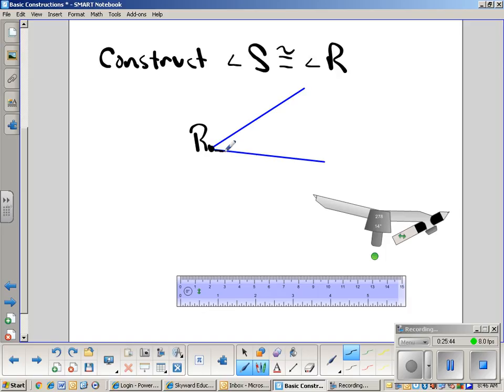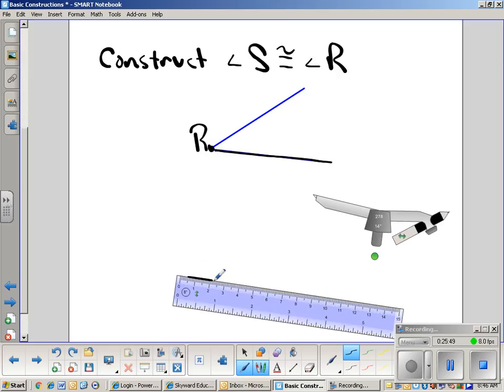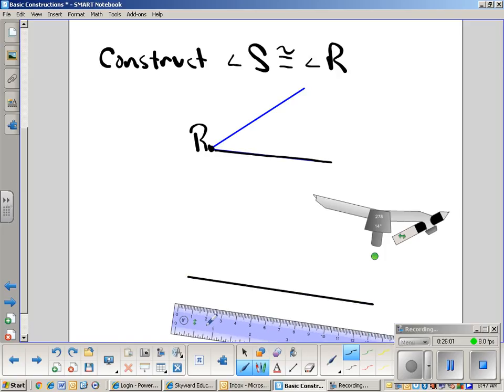So this line here is on a little bit of an angle, so when I draw my line here, I'm going to put it on a similar angle. And I'm going to label this end S. I'm going to put a point there, and erase this highlight I had there.